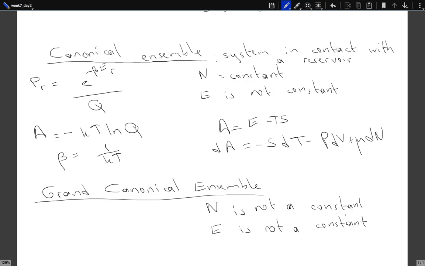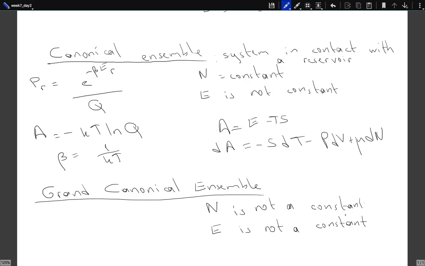So the particles in the atmosphere in this classroom can just exchange, or you can just imagine this mathematical region bounded by my hands. The particles can get in between my hands or just leave. So the number of particles inside this region will not be constant. Such a system we can treat in the grand canonical ensemble.